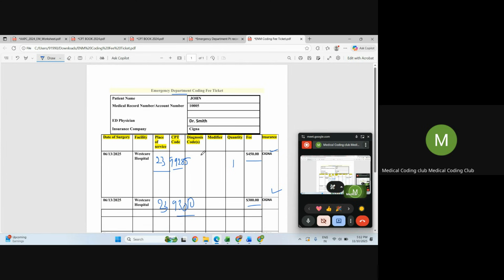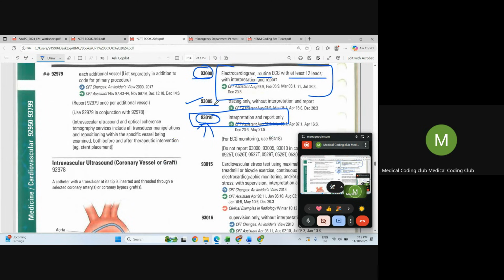If you think about any modifier usage here, you can't use any TC or 26 modifier. Coming back to the book, 93005 is tracing only, which is all about the equipment, so the technical TC modifier.